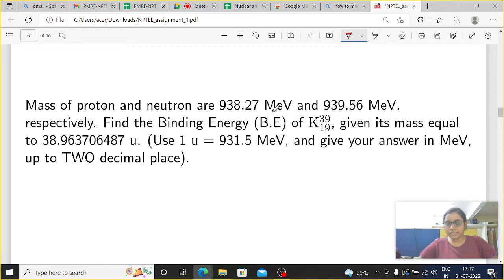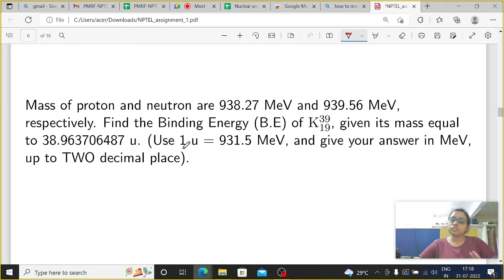It says the masses of proton and neutron are given as 938.27 MeV and 939.56 MeV respectively, and we have to calculate the binding energy of potassium 19, 39, given its mass in atomic mass units U. The given numbers are the mass of proton, the mass of neutron, and the mass of potassium itself.